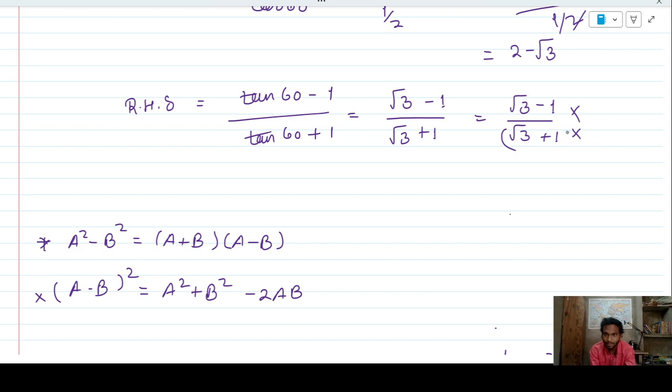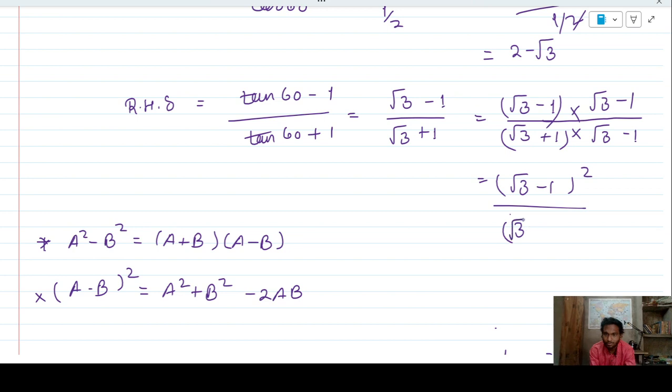Multiply numerators and also denominators: root 3 minus 1 times root 3 minus 1, that is, root 3 minus 1 whole square, upon root 3 plus 1 times root 3 minus 1, that is, root 3 whole square minus 1. Numerator 3 plus 1 minus 2 root 3, upon 3 minus 1.